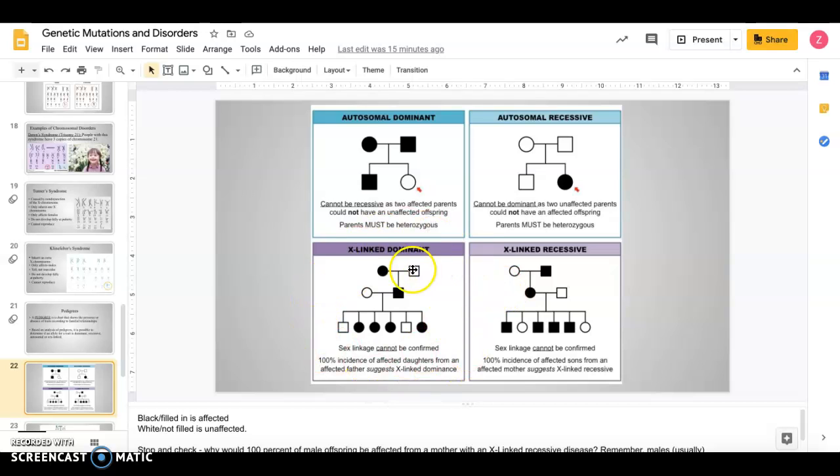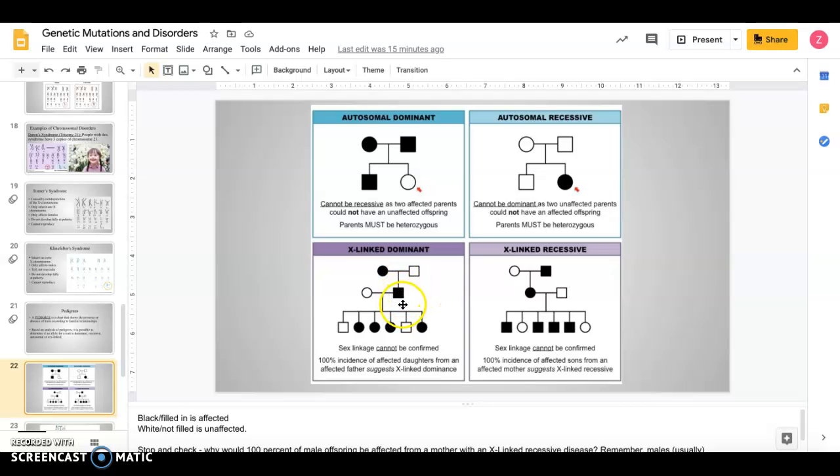Now let's look at sex-linked. X-linked dominant. So we have several generations. We have a parental, remember, we have our F1, and we have our F2. Originally, the mother is afflicted with the disease.